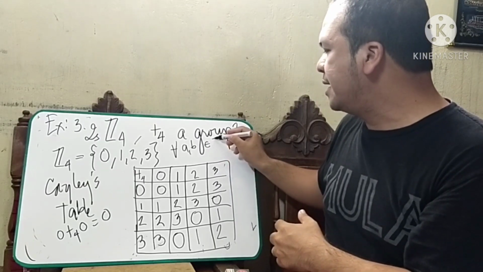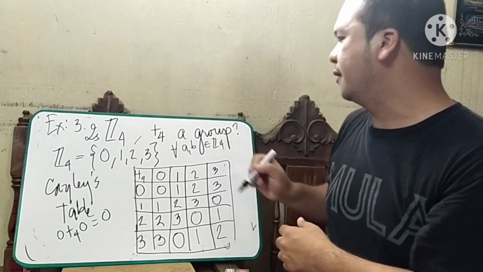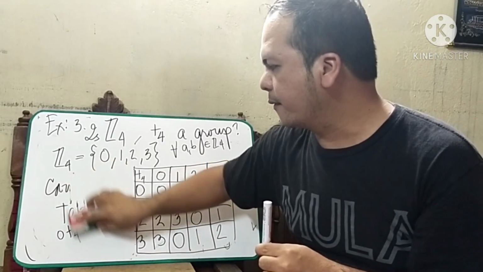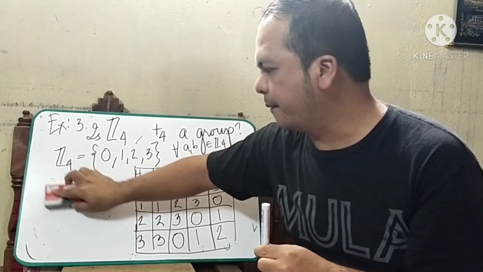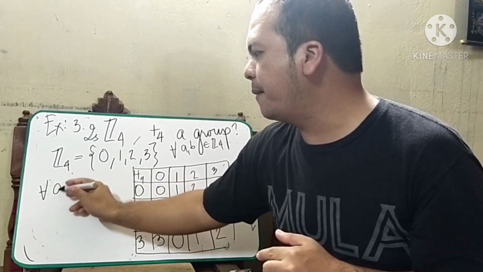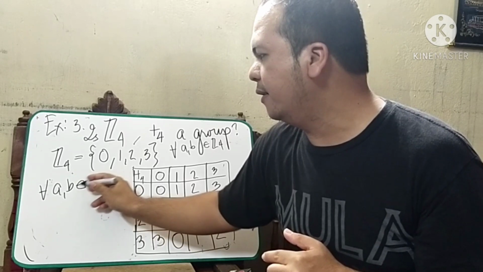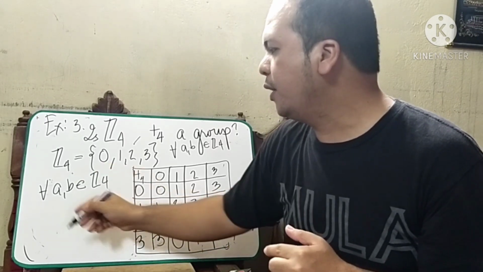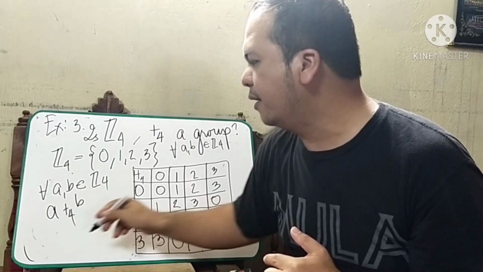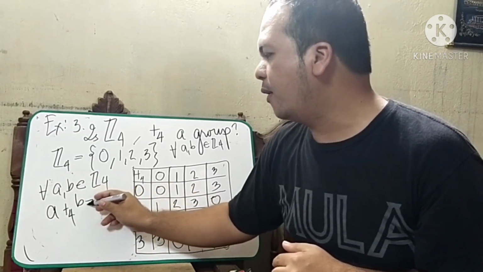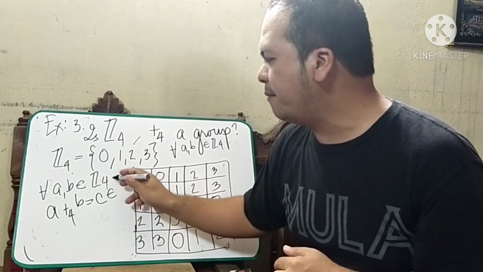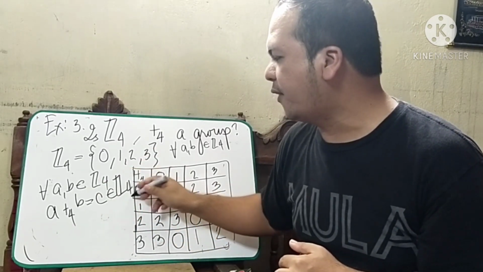For any two elements of Z sub 4, di ba? For any two elements of Z sub 4, yung kanilang sum modulo 4, say C, is an element of Z sub 4.